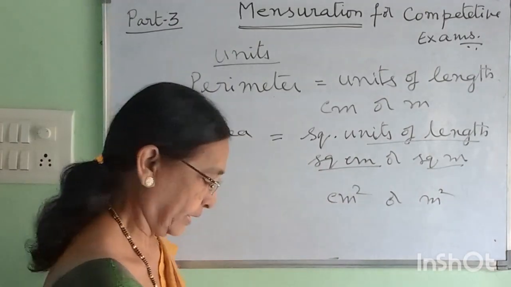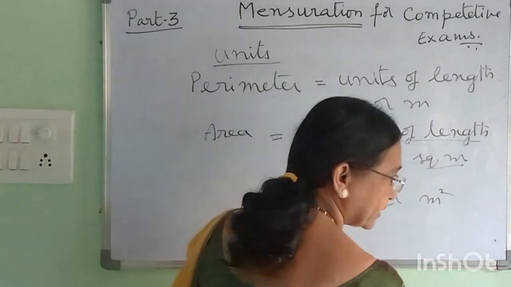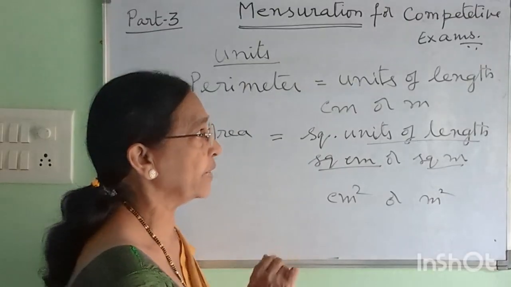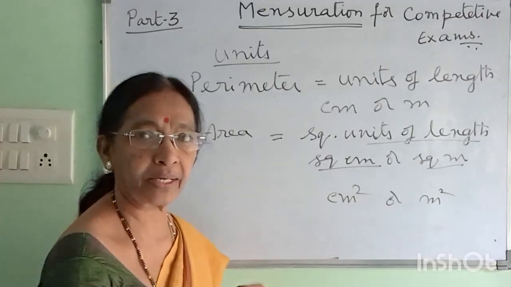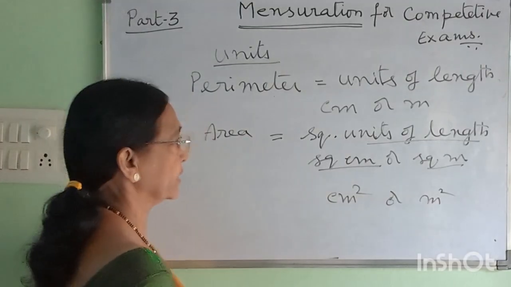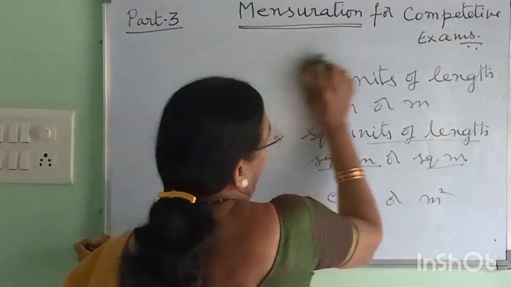square, etc. Now we will see the relation between different units of the same quantity, in the units of length or in the units of area. The relation. Let us see.